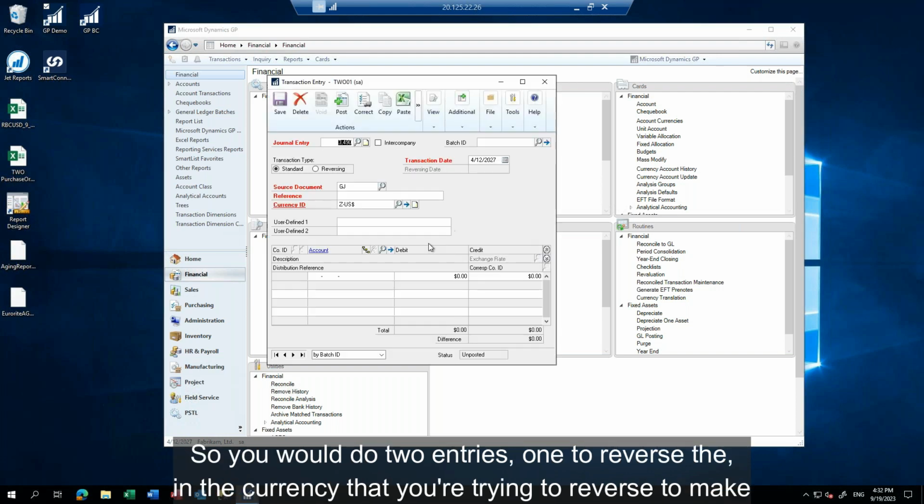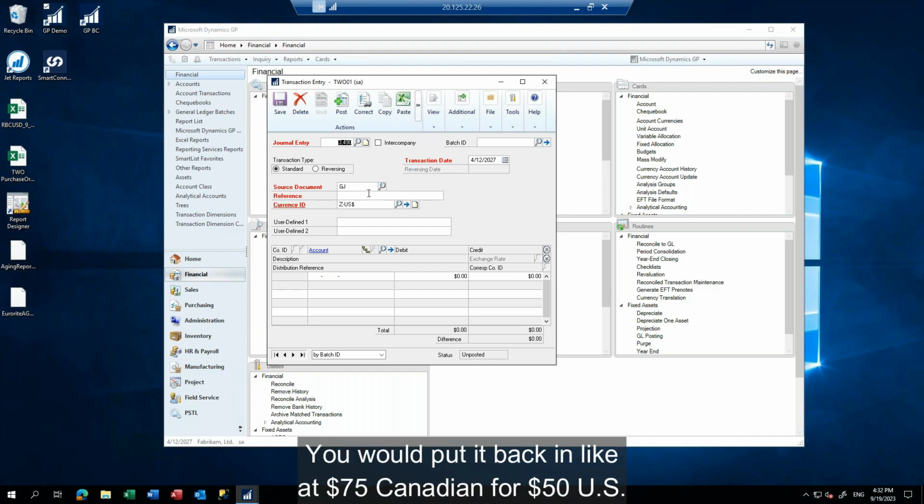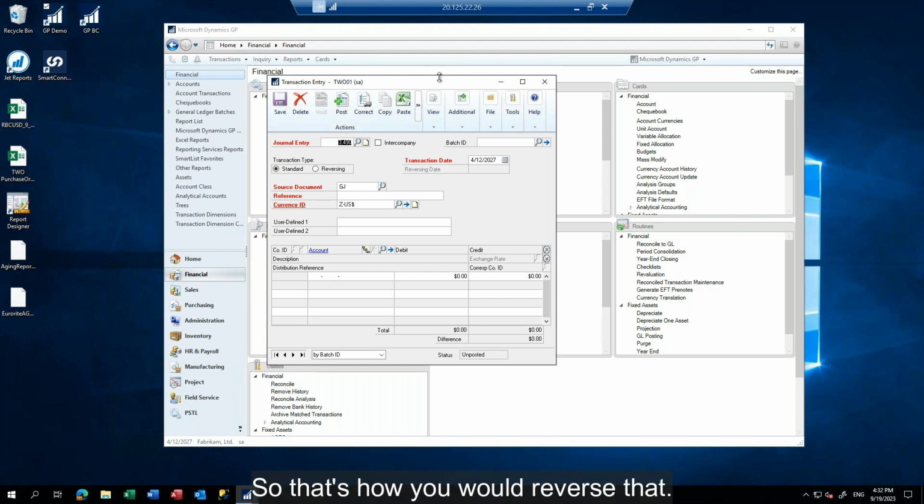So you would do two entries, one to reverse in the currency that you're trying to reverse to make it go to zero. And the second one, you would put it back in like at $75 Canadian for $50 US or something like that. So that's how you would reverse that.